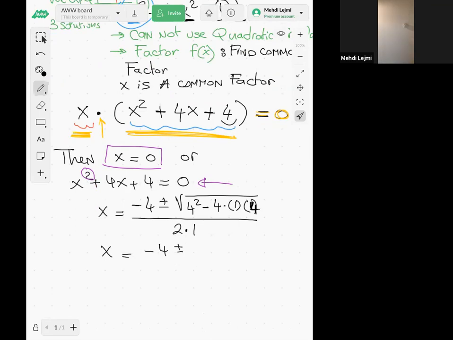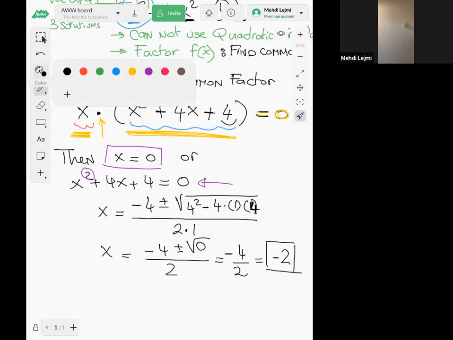So it's 16 minus 16, that's 0. So it's plus or minus square root of 0 over 2, right? So it's actually negative 4 over 2, which is equal to negative 2. So negative 2, that's my second solution. That's my second root, right?